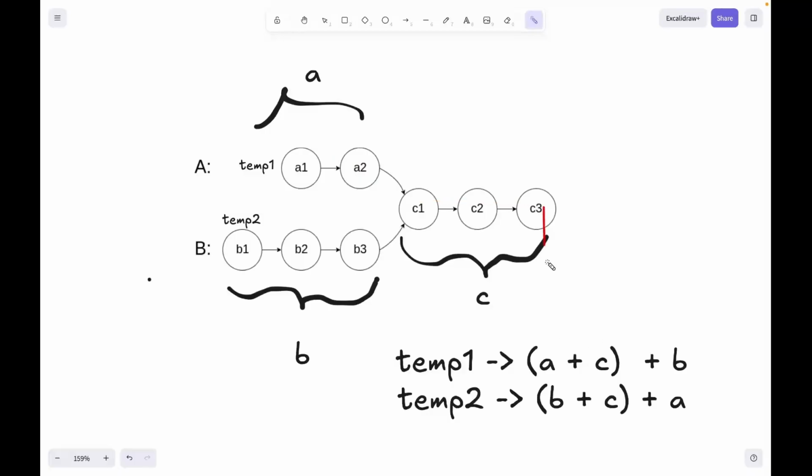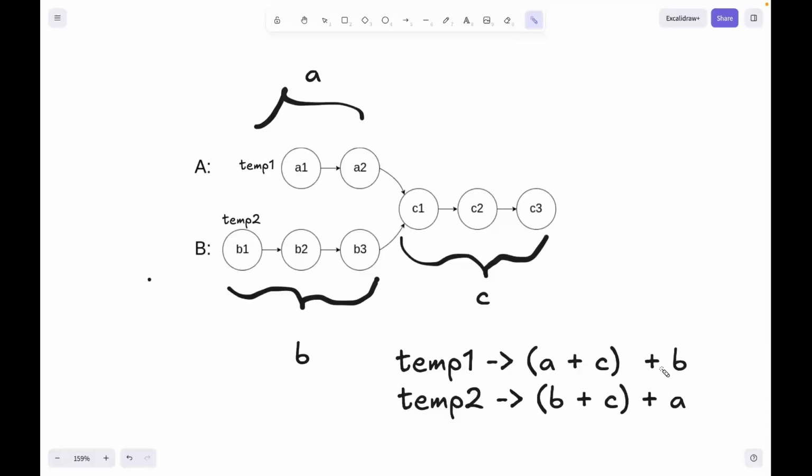Then again I'm assigning it to B1, so it moves B nodes. So my temp1 moves A plus C plus B. And the same, my temp2 moves B plus C nodes, and then I assign it to A, so it's A nodes.